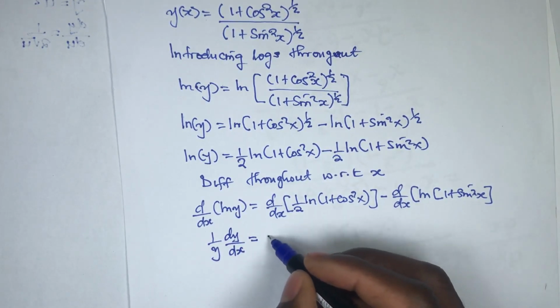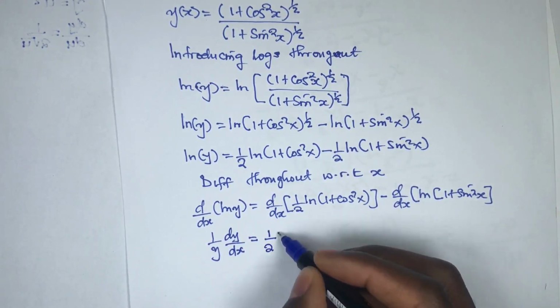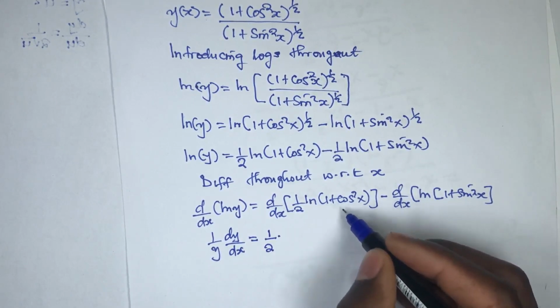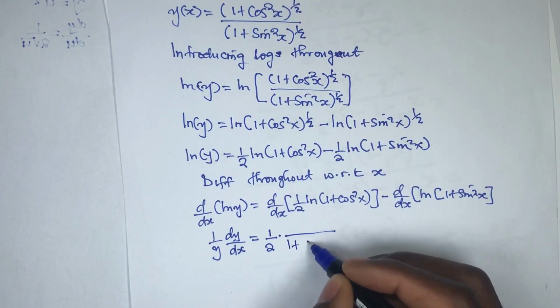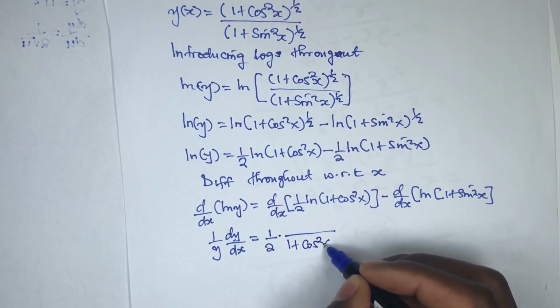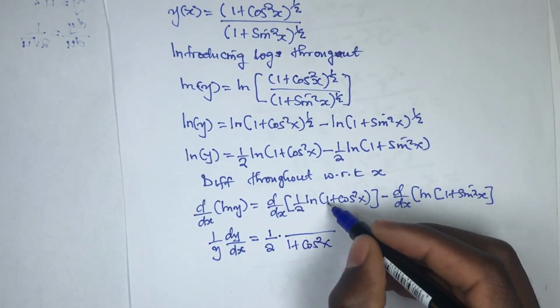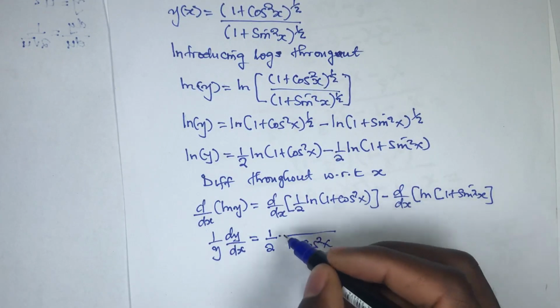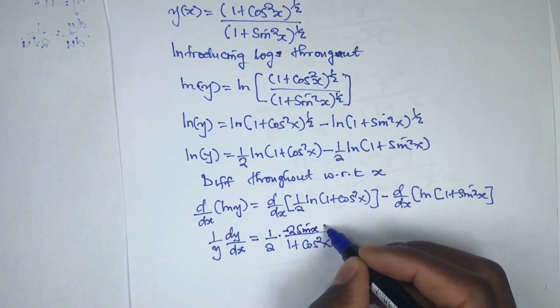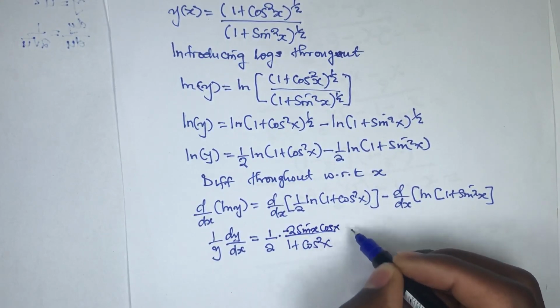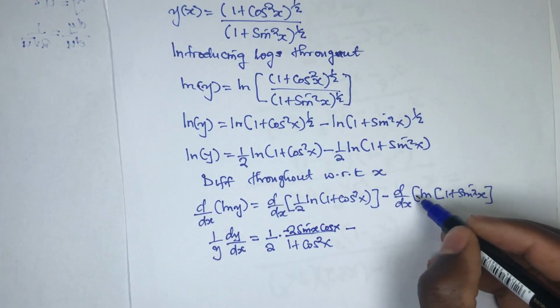We're going to have 1 over 2 multiplied by 1 over (1 plus cos squared x). Then we differentiate what's inside, and we get negative 2 sin x cos x.